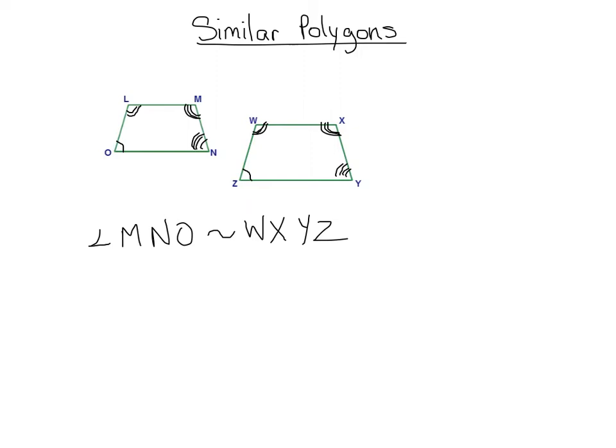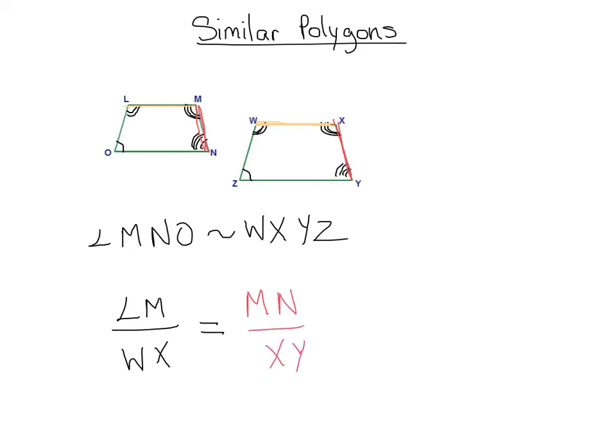Well, let's first look at LM and the side corresponding to LM, so WX. If I take LM and put it over WX, you'll get the same fraction as if you take MN and put it over XY.